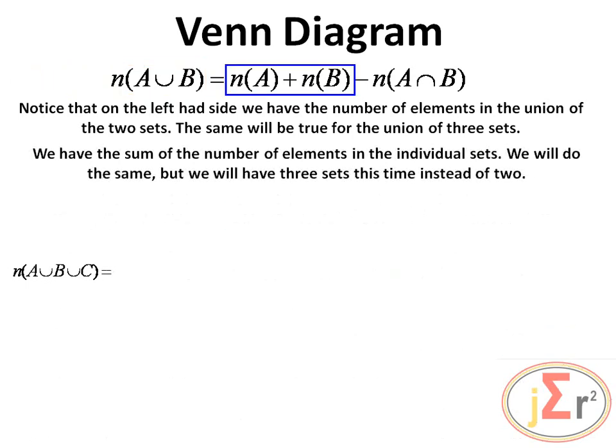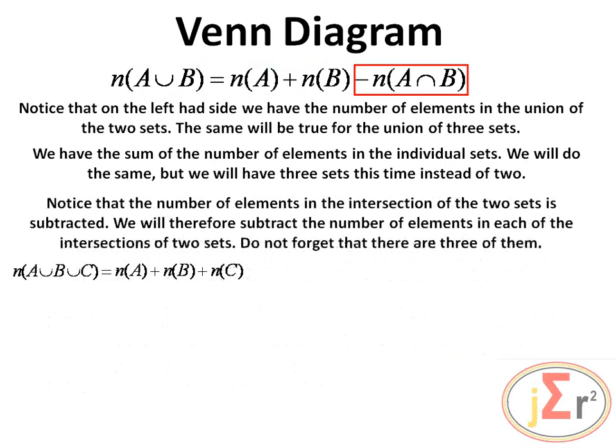We have the sum of the number of elements in the individual sets. So the number of elements in the individual sets are added right there. We will do the same, but we will have three sets this time instead of two. So we have them right there.